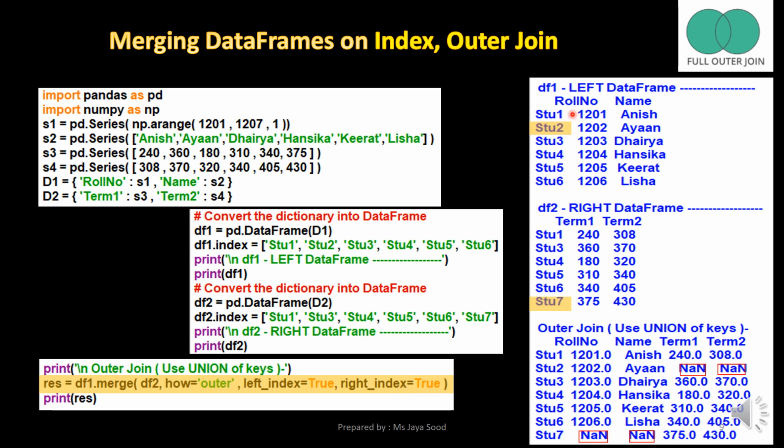All the indexes which are present in the left data frame as well as all the indexes which are present in the right data frame will be used for merging. Please note that the index 2, which is not present in the right data frame, has the value NaN for the columns term 1 and term 2. Also, the index 7, which is not present in the left data frame, has the value NaN for roll number and name columns.